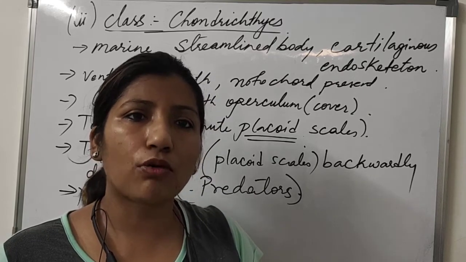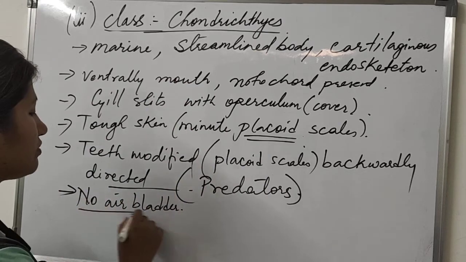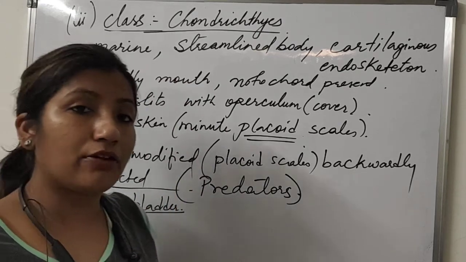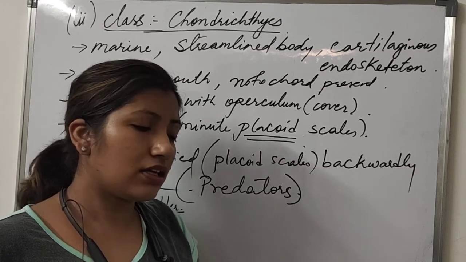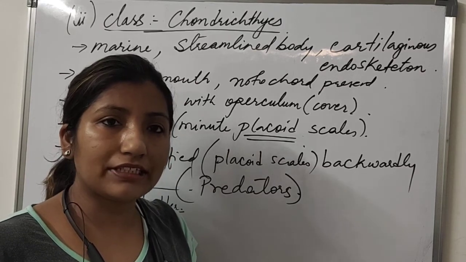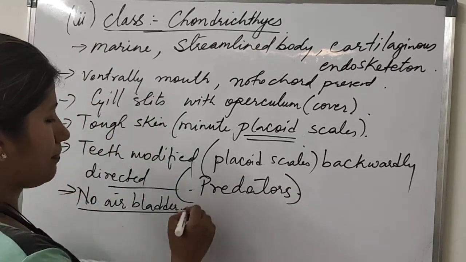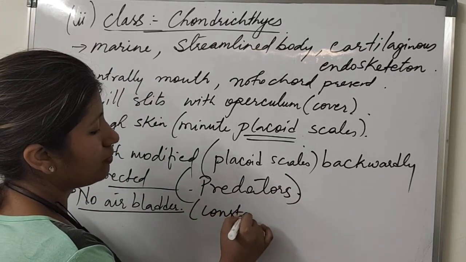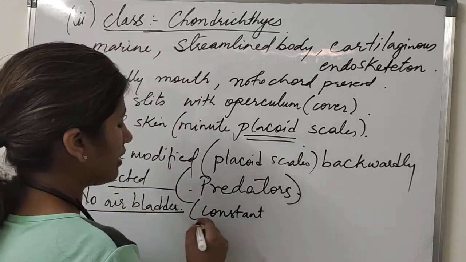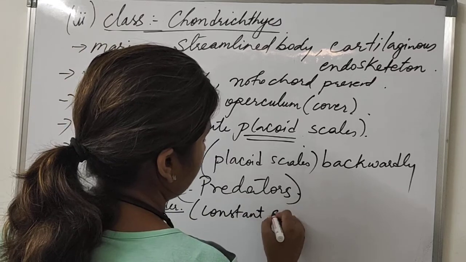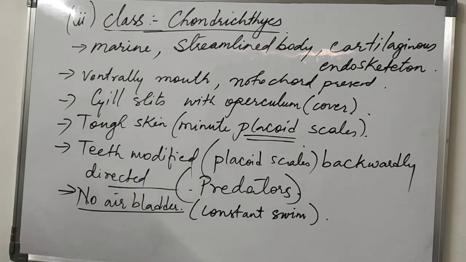It provides buoyancy. Whereas chondrichthyes don't have this air bladder, this balloon-like structure. So they don't get the extra help of floating in the water. That's why constant swimming is required, otherwise they will sink and drown, they will die.